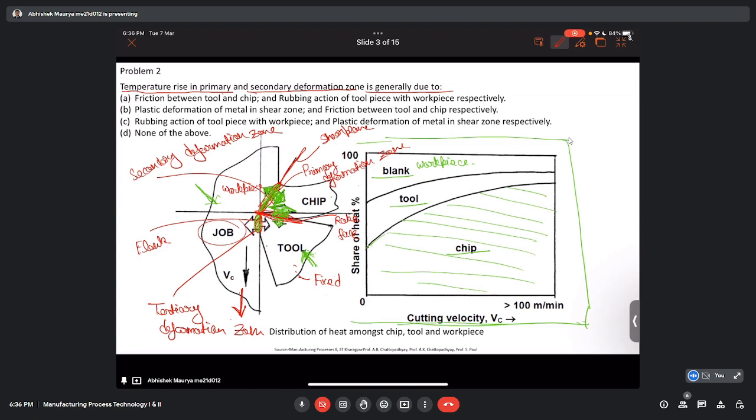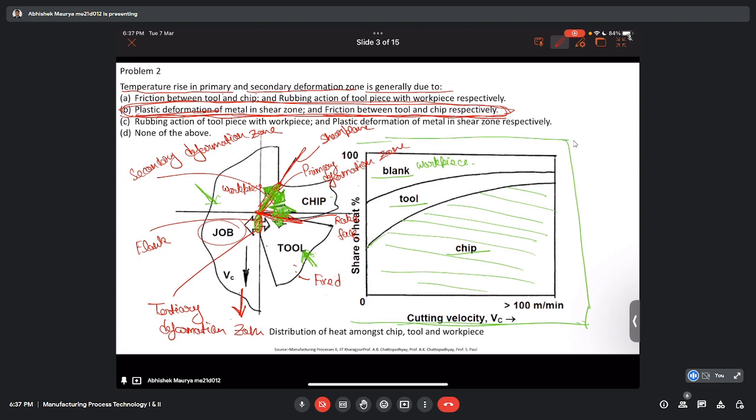So temperature rise in the primary zone is because of the plastic deformation of the metal, and in the secondary deformation zone, as already discussed, because of the friction between tool and chip. So the correct answer for this is B.